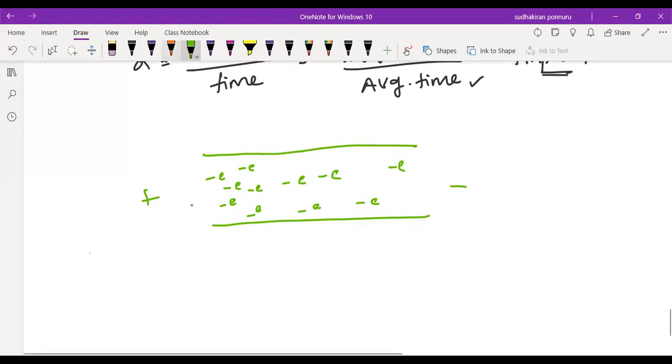Let us consider one electron. It moves with some velocity and collides with another electron traveling in front of it. After collision, its path is going to change like this.